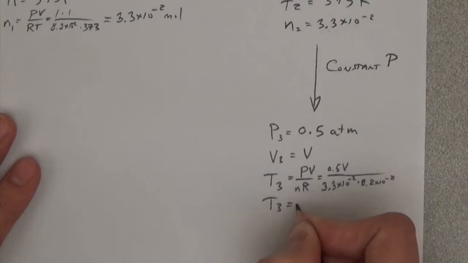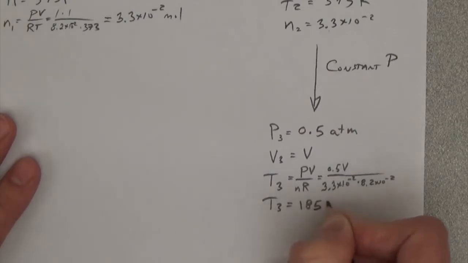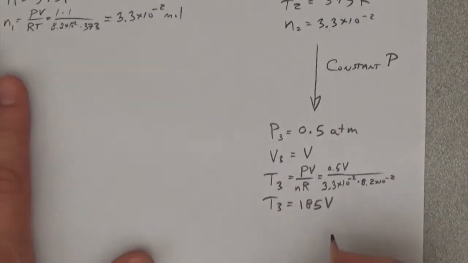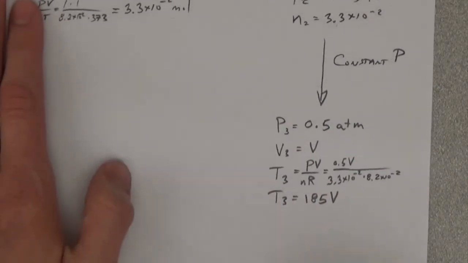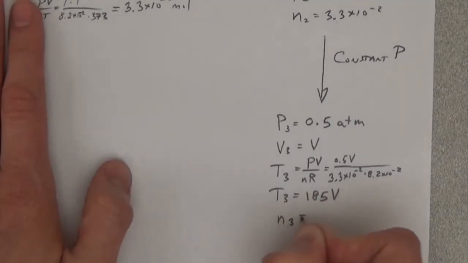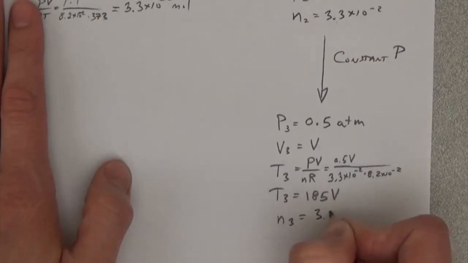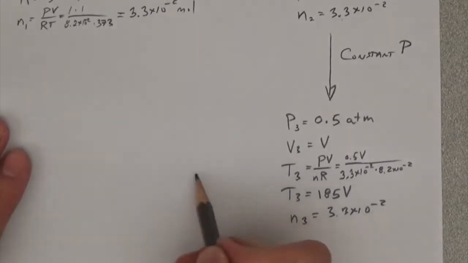T3 is equal to 185 times V. And N3 is still equal to 3.3 times 10 to the minus 2.